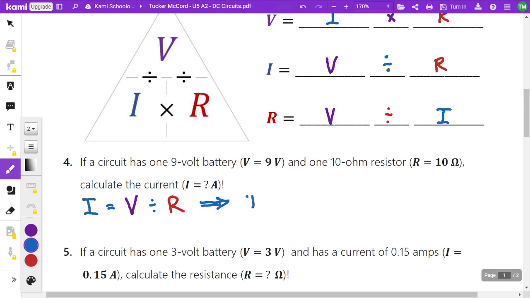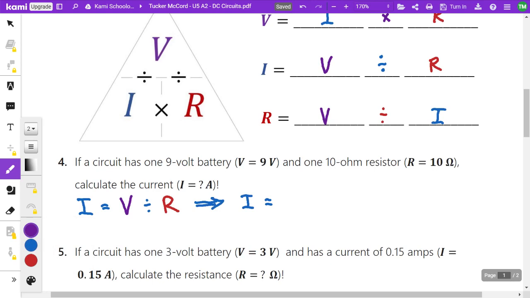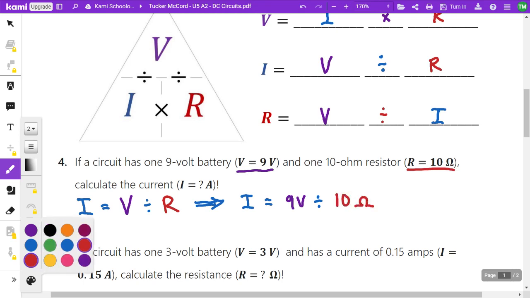So I equals, I can plug in my voltage of 9 volts, 9 volts divided by my resistance of 10 ohms. So I'm going to write in 10 ohms in place of my resistance. And that's going to be equal to whatever this comes out to be on a calculator.